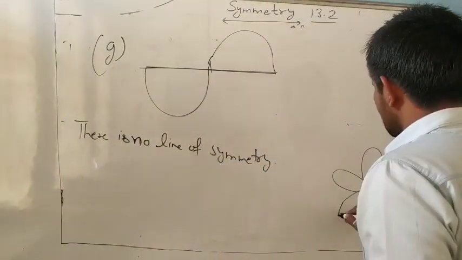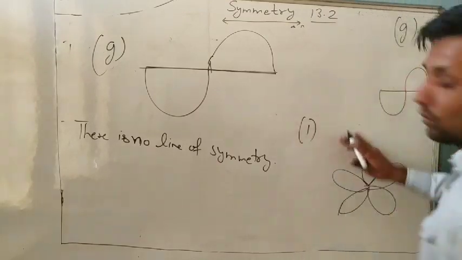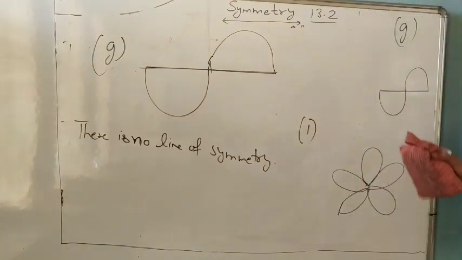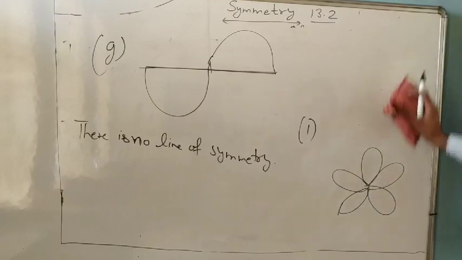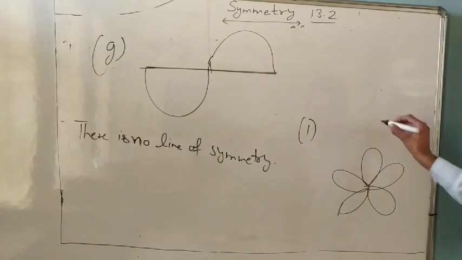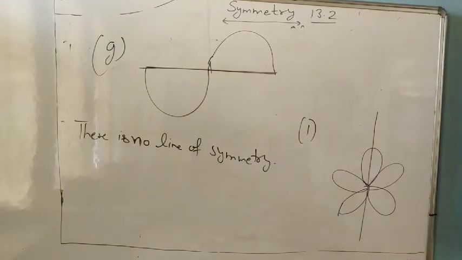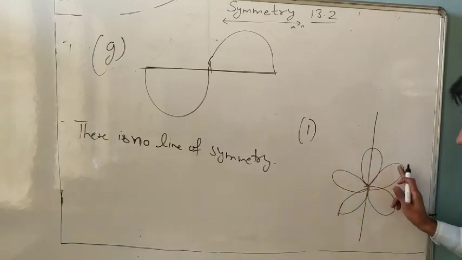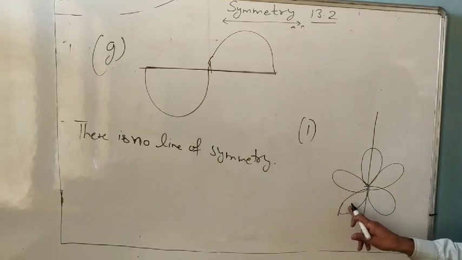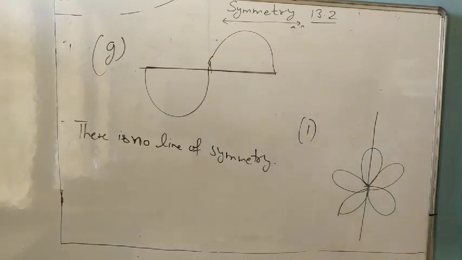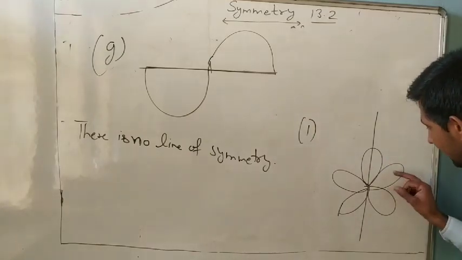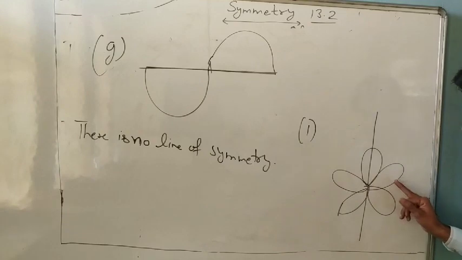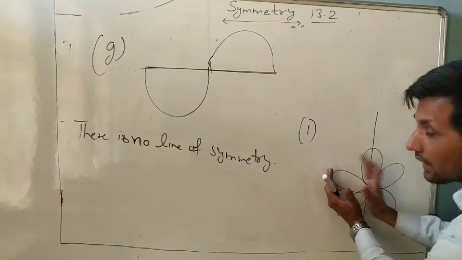Next is part I. So we will find how many lines of symmetry are in I. So look at this figure. If I take this, is it a line of symmetry or not? This one and this one are equal. This one is covered. Understand or not? The right side flowers cover the left side, both.